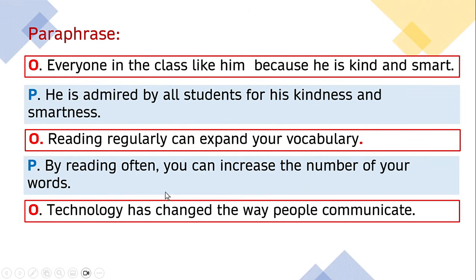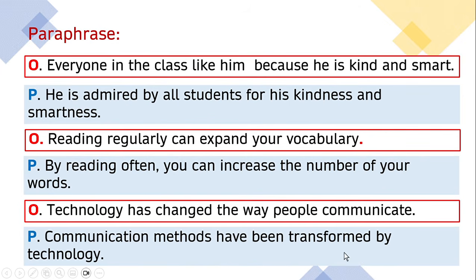Another one: technology has changed the way people communicate. If I ask you to paraphrase this one, it could be like this. Communication methods, this is the way people communicate. Communication methods have been transformed.